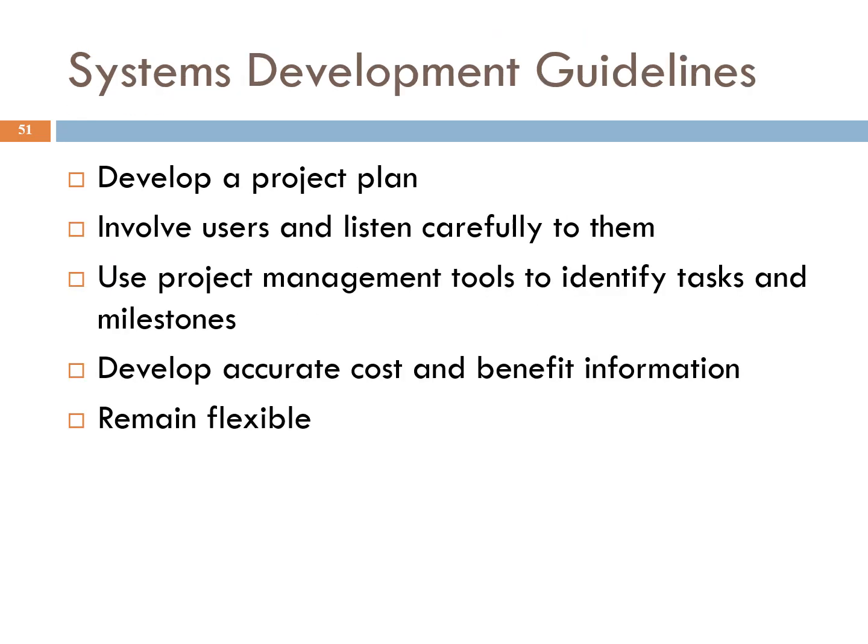System development guidelines. Yeah, you will start with a plan. The plan must involve the user. Because the user will be using your system, you have to listen carefully to them. Use a project management tool to identify tasks and milestones, meaning that you will have a planning over time. Yeah? So meaning that the first month, what do you want to achieve?